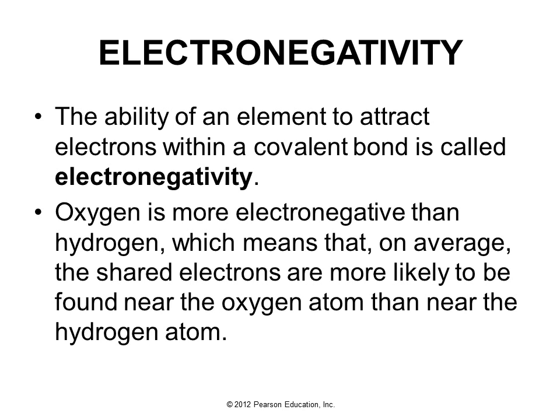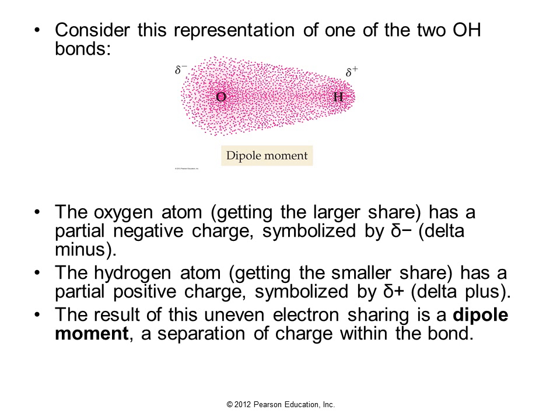The ability of an element to attract electrons within a covalent bond is called electronegativity. Oxygen is more electronegative than hydrogen, so that's why oxygen has the lion's share of the bond pair in water. Here's what it would look like.